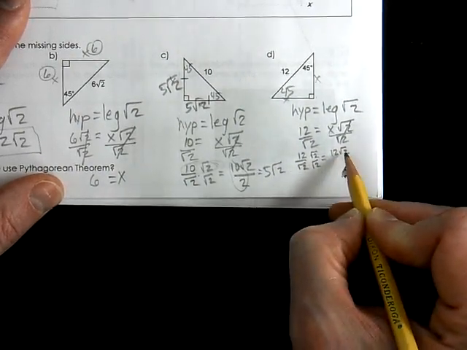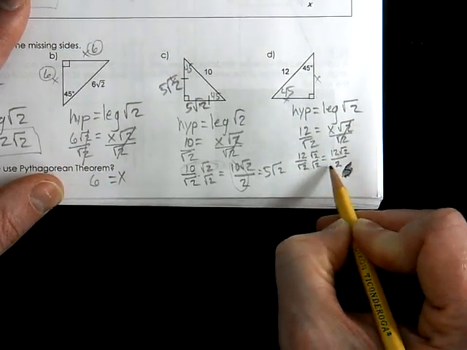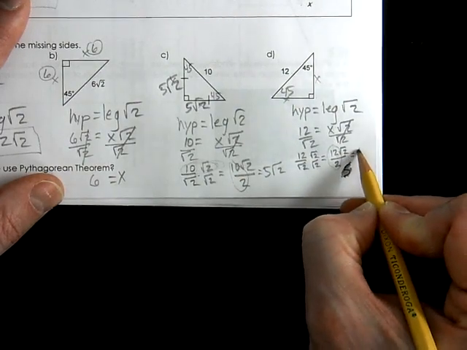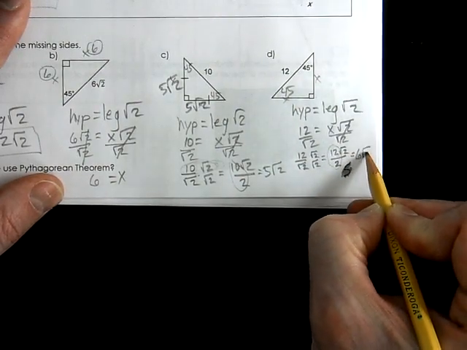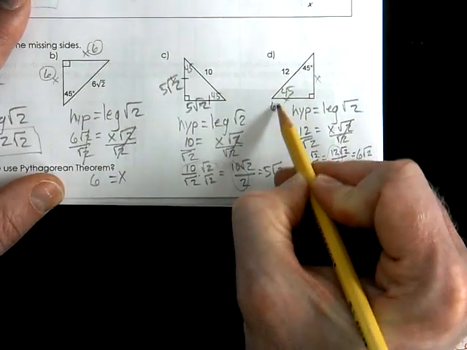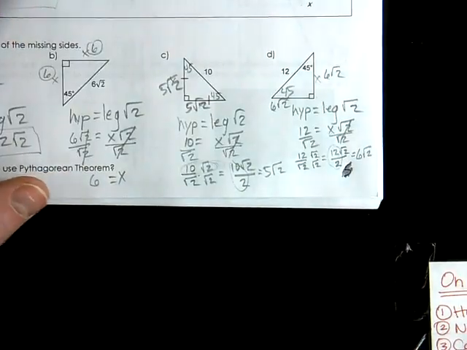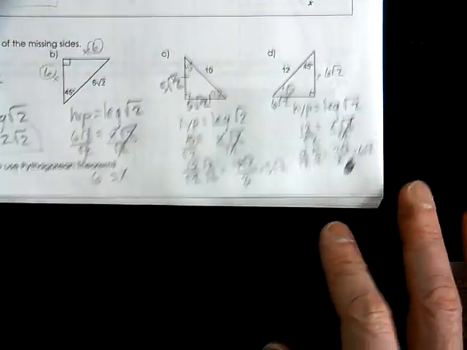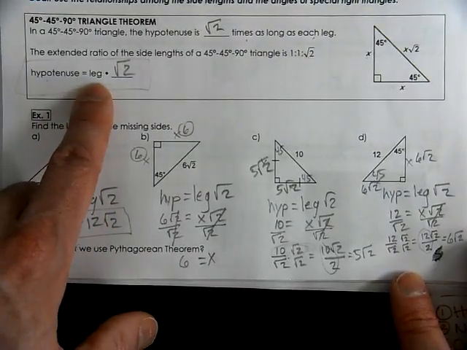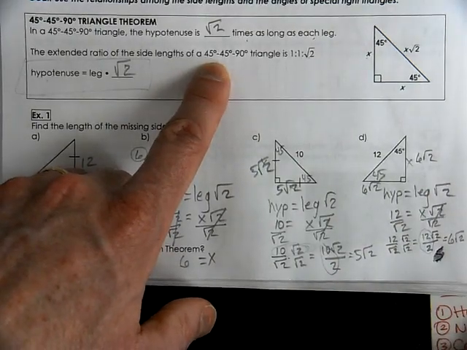What's my denominator? Root 2 times root 2 is 2. I can reduce my 12 and the 2. And yes, that is 6 root 2. So you have your formula. Hypotenuse equals the leg times root 2. And that only works for a 45, 45, 90 triangle.